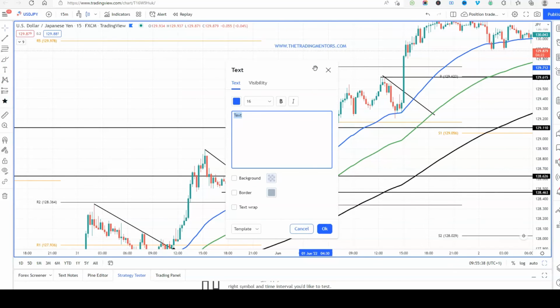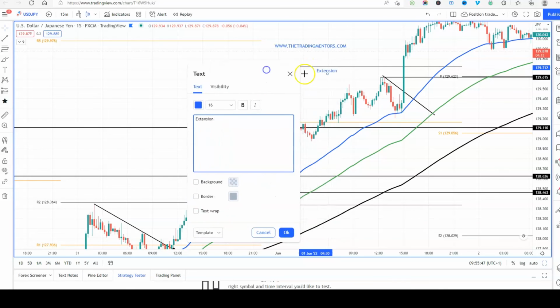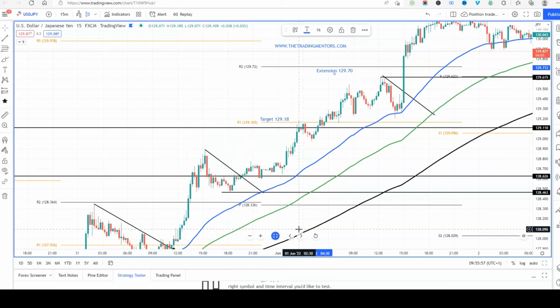only because it can be overextended for a day trader, not for a carry trader, but for a day trader. And that's 129.71, 70, let's say. Okay.